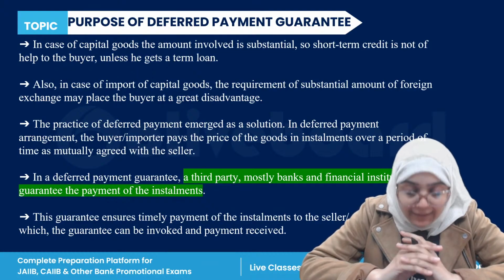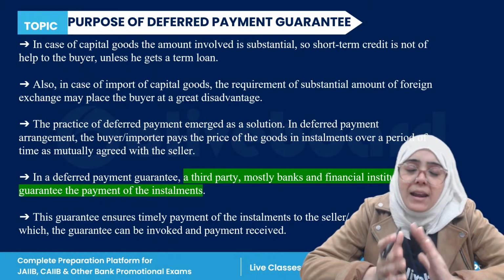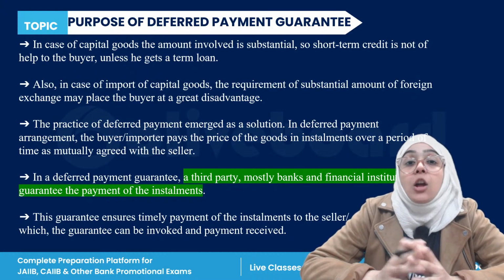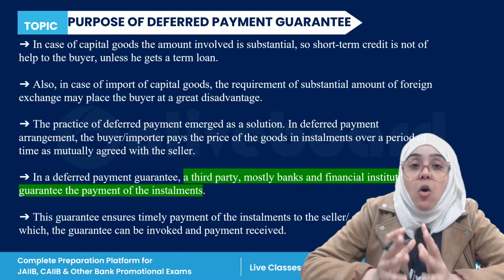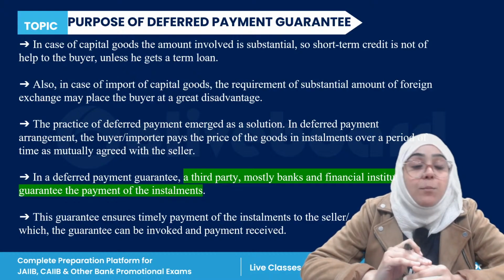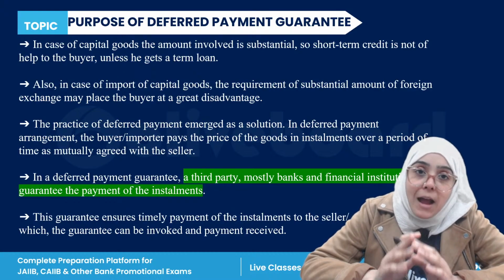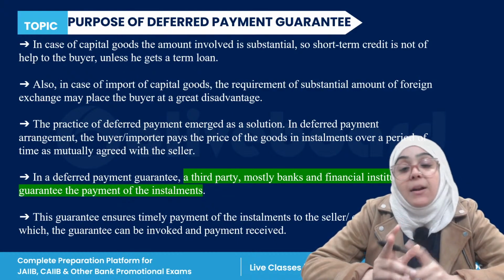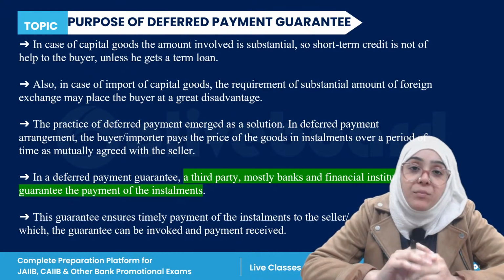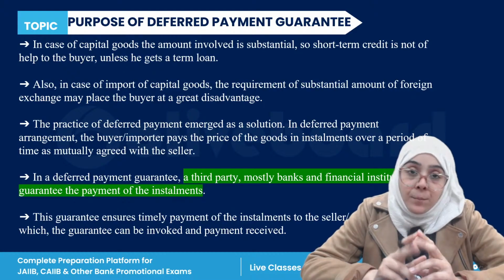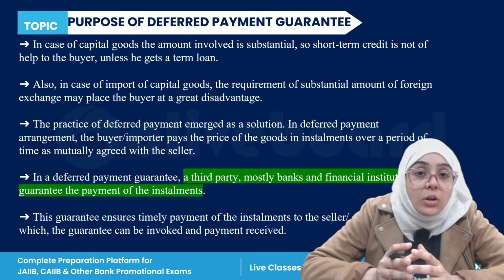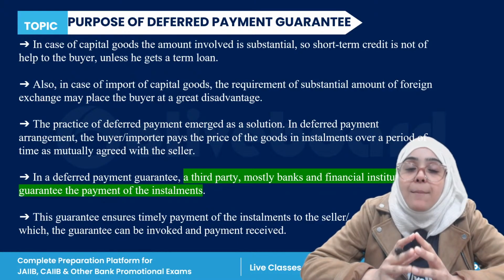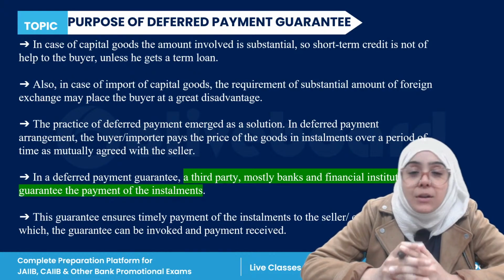If a guarantee is provided on the deferred payment, it means you are assured of the payment, because you know that if the importer defaults, the payment will be made by the bank on the importer's behalf. Second, there is the importer. The importer also gets safety of the amount involved in that machinery.